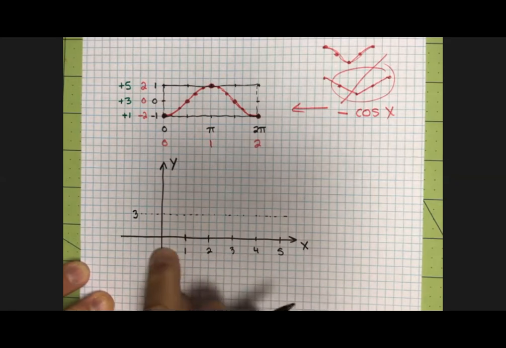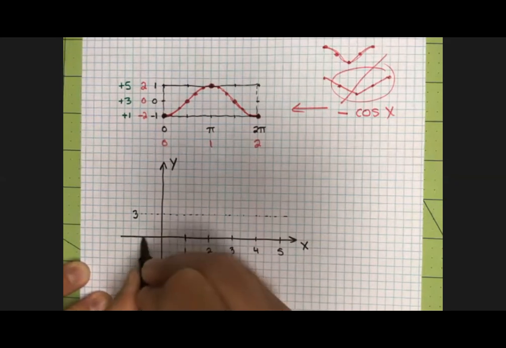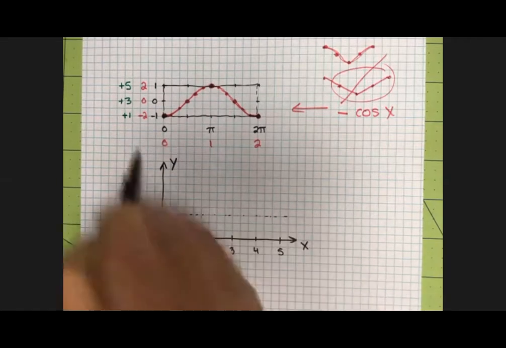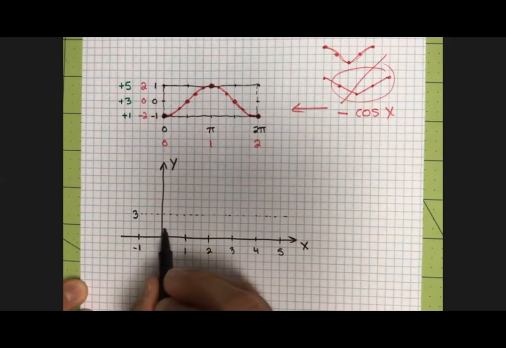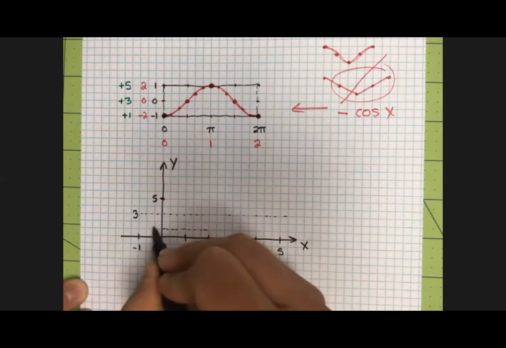Let us draw several periods. Every 3 boxes, I made 1 unit. Here's -1 units. My box is going to go as low as +1. It's going to go 2 units over, and it's going to go as high as 5.